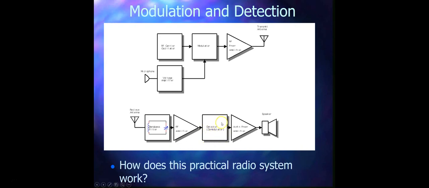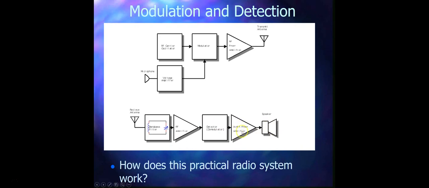Which means we use a filter to do the job of selecting the appropriate frequency, and that filter is connected over here in the demodulator. The demodulator takes the incoming modulated carrier waveform and strips away the carrier frequency, leaving a copy of the original information signal, which is sent again through this power amplifier and then to the speaker.